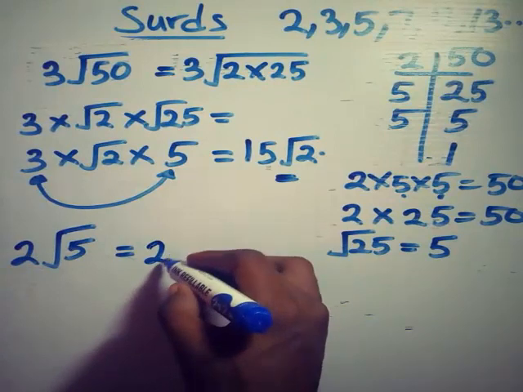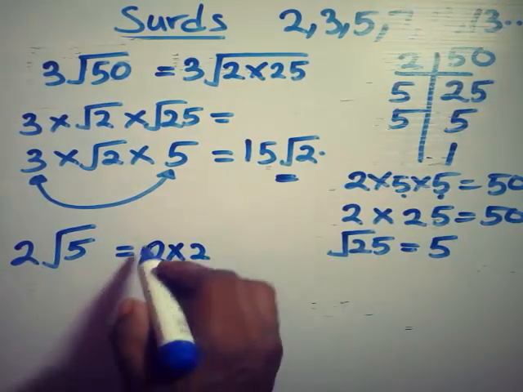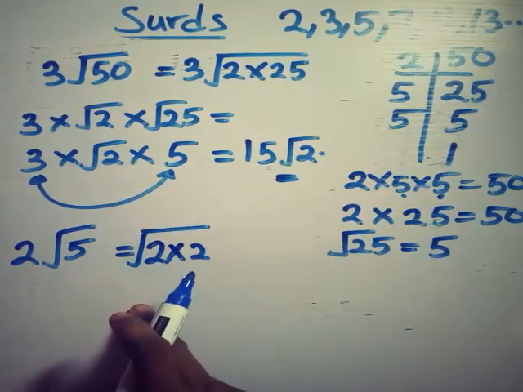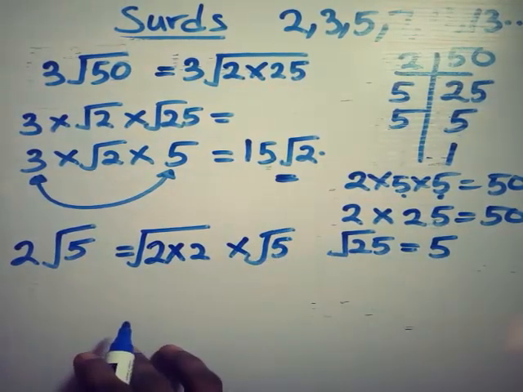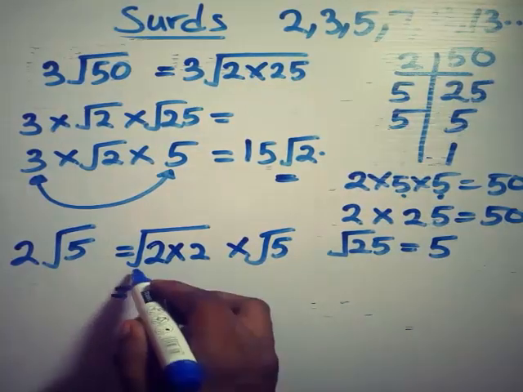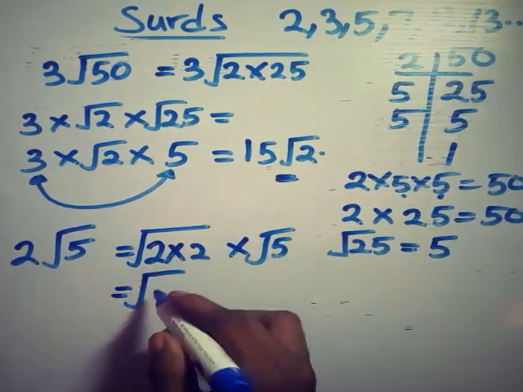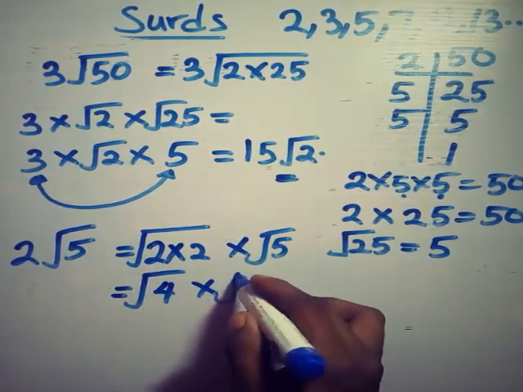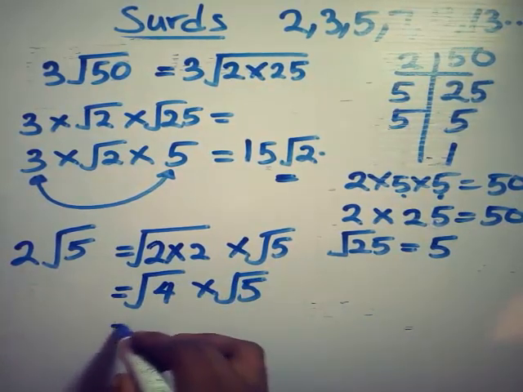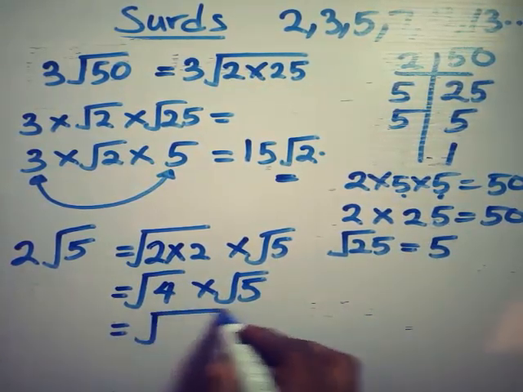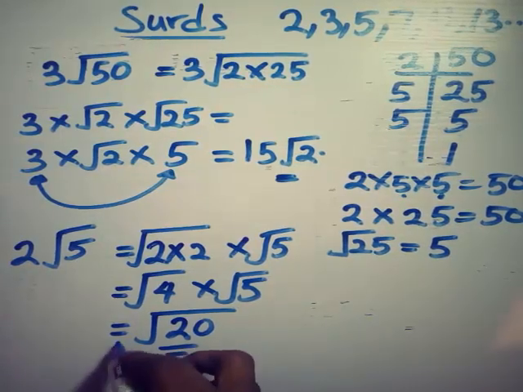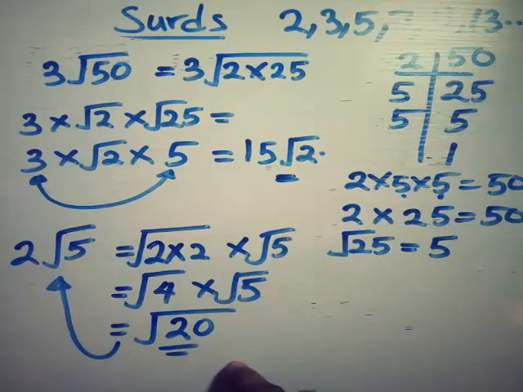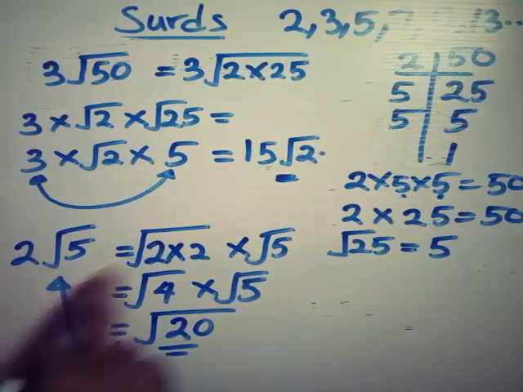So we'll make this a square and apply a root, then multiply root 5. Next stage is root of 2 times 2, which is 4, times root 5. Then when you multiply 4 times 5, we have 20. Root 20 gave birth to 2 root 5.